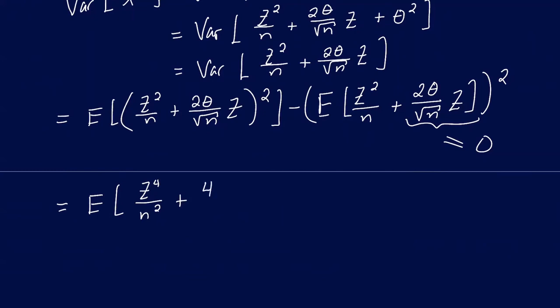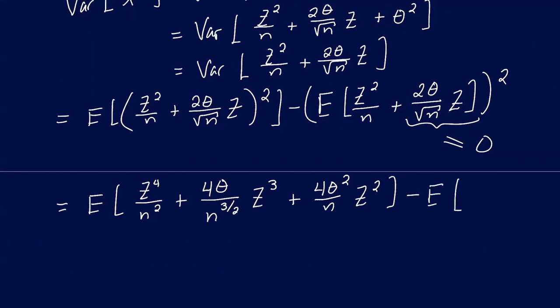So I'm going to get 4 theta over n to the 3/2 and z cubed. And then finally, I'm going to get 4 theta squared over n z squared. And then over here, I've got the expected value of z squared over n, and that whole thing is squared.